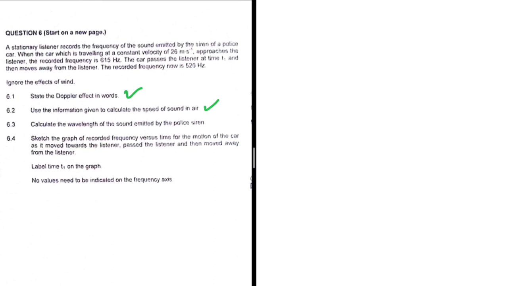A stationary listener records the frequency of the sound emitted by the siren of a police car. When the car, which is traveling at a constant velocity, so we have the velocity of the source right away, so Vs is 26 meters per second, approaches the listener, the recorded frequency is 615 hertz. So the frequency that the listener observes is 615 hertz when the car is moving towards.